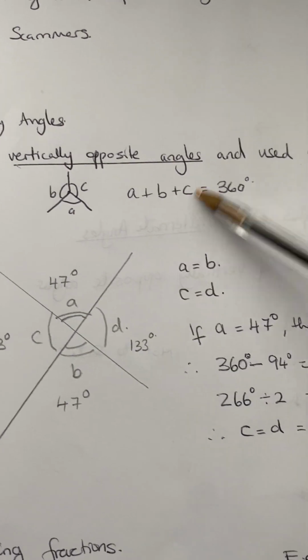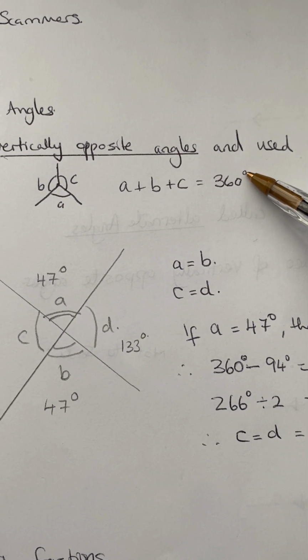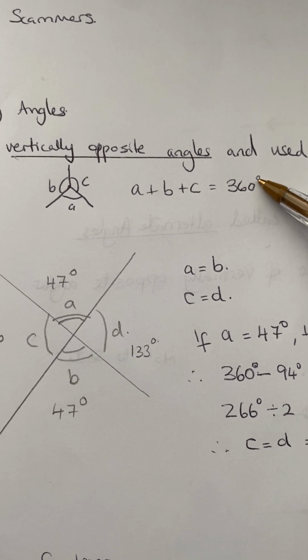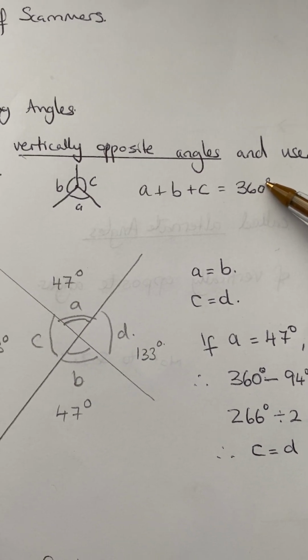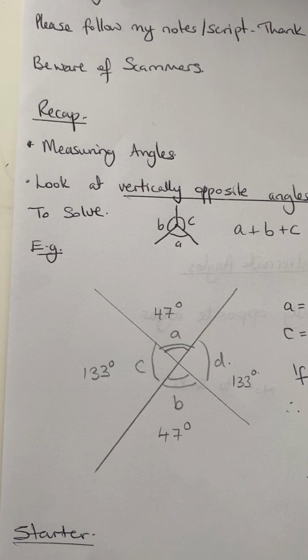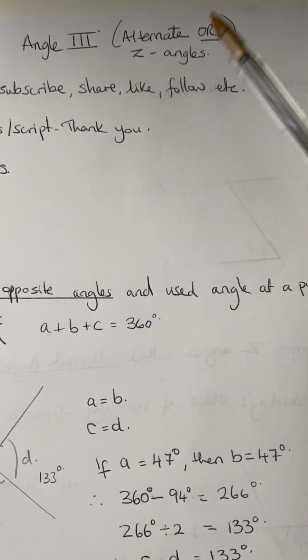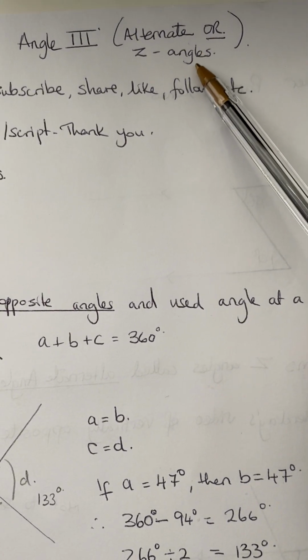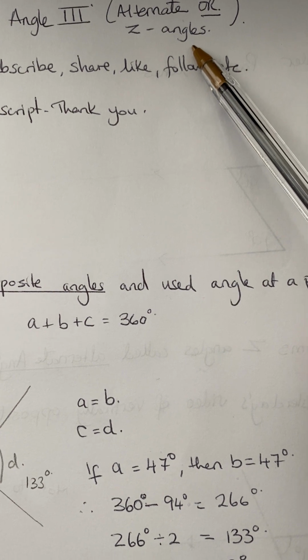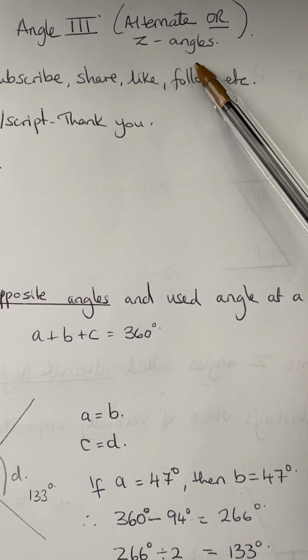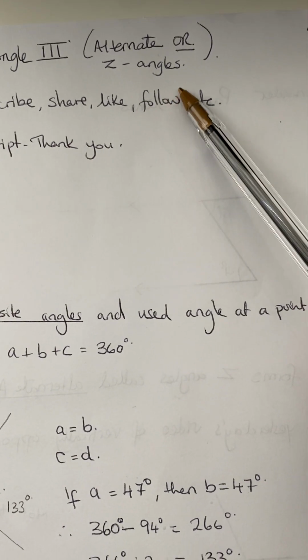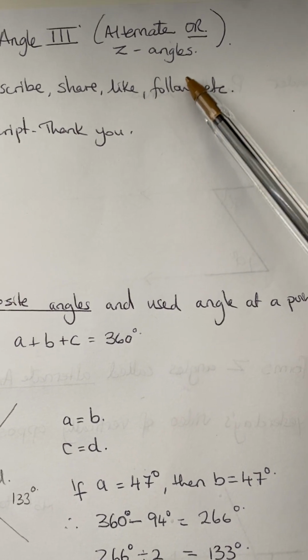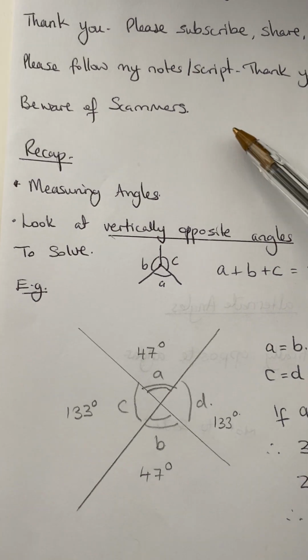Here, angles is in degrees, not degrees as temperature, but degrees as in angles. So today we are going to talk about alternate angles using the parallel lines, and I would like you to follow the notes.